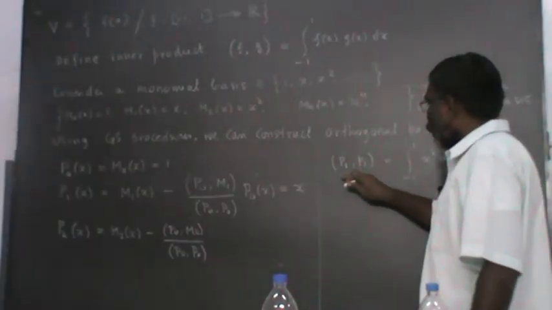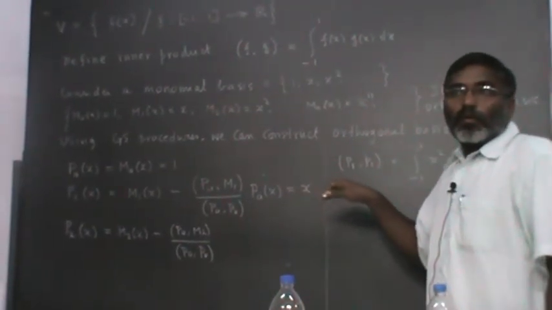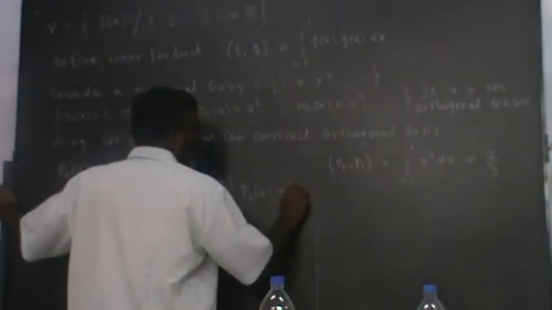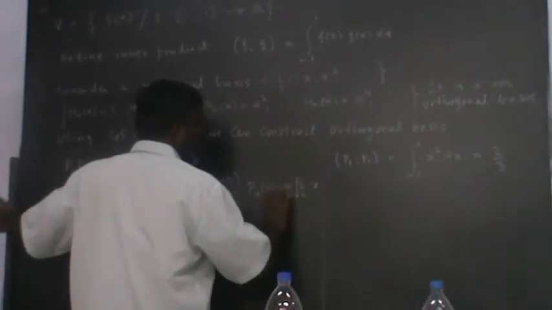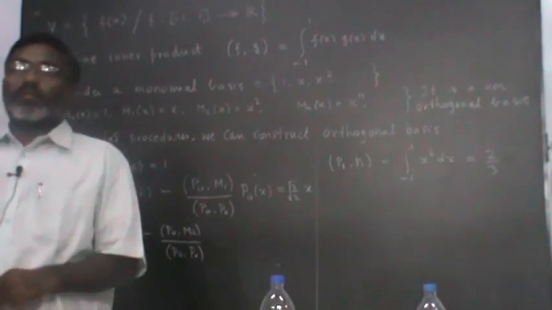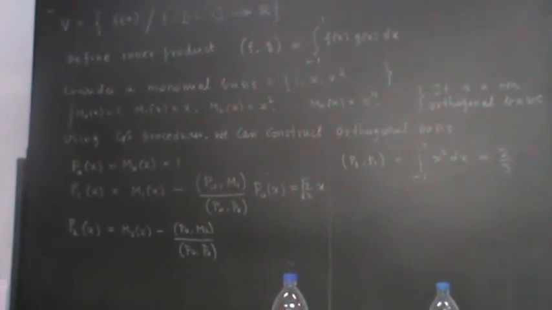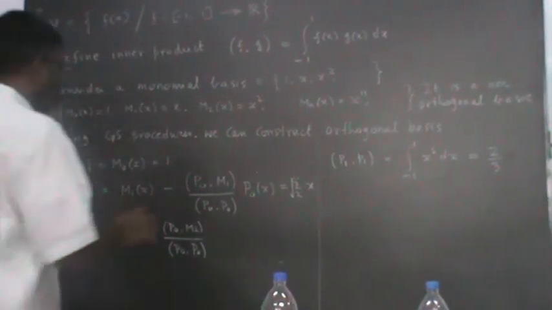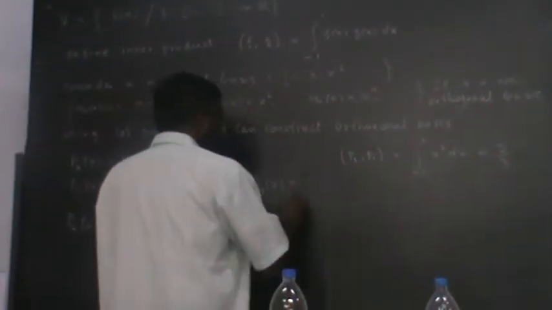I want P1, P1 to be equal to 1, so I must multiply P1 with root 3 by 2. So I will say root 3 by 2 into x, which is normalized. Not only orthogonal, I want to get orthonormal. But at this moment, let me not worry about normalization, let me put it as x. Let us talk about normalization later.